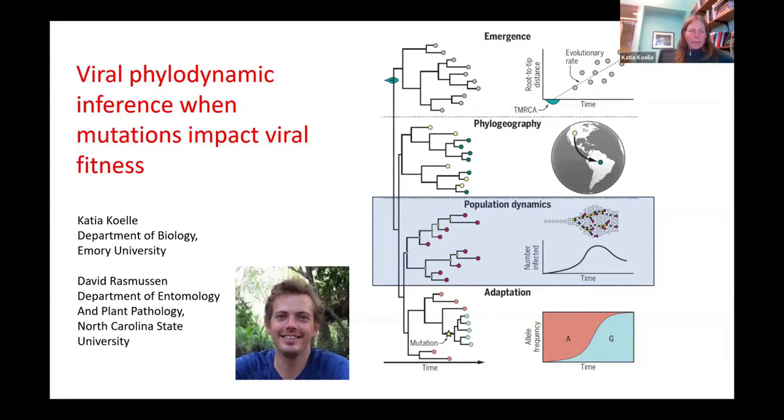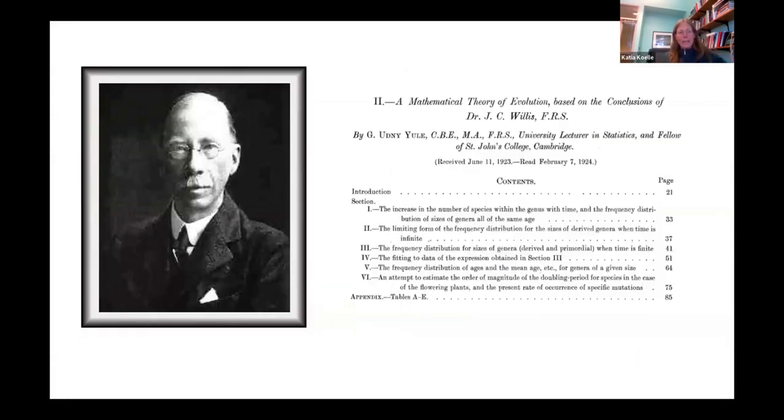And I think a lot of what we've learned in terms of infectious diseases is that mutations are generally not neutral, and so really trying to come to terms with phylodynamic inference in the context of specifically incomplete purifying selection.